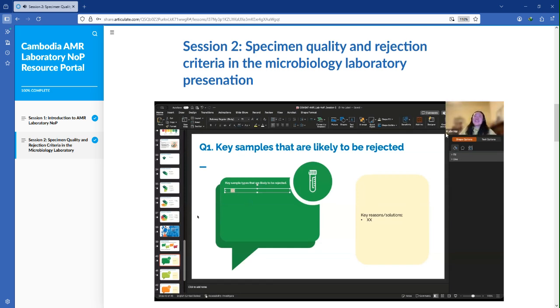So, what are some key sample types that are likely to be rejected?